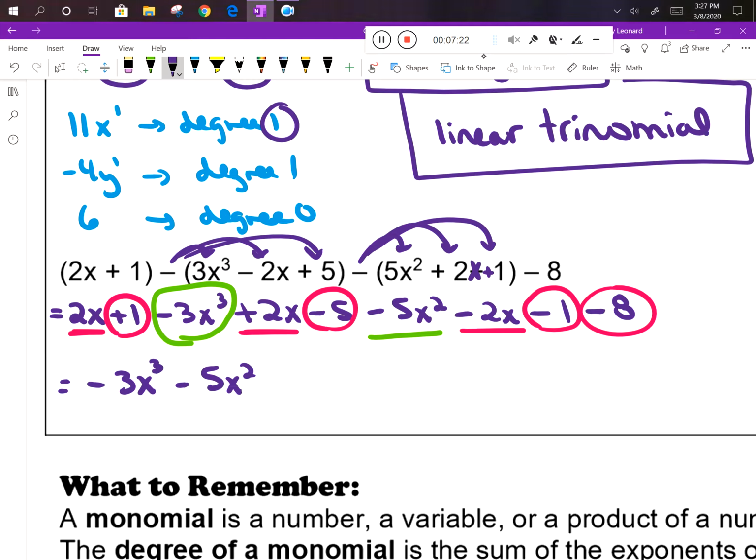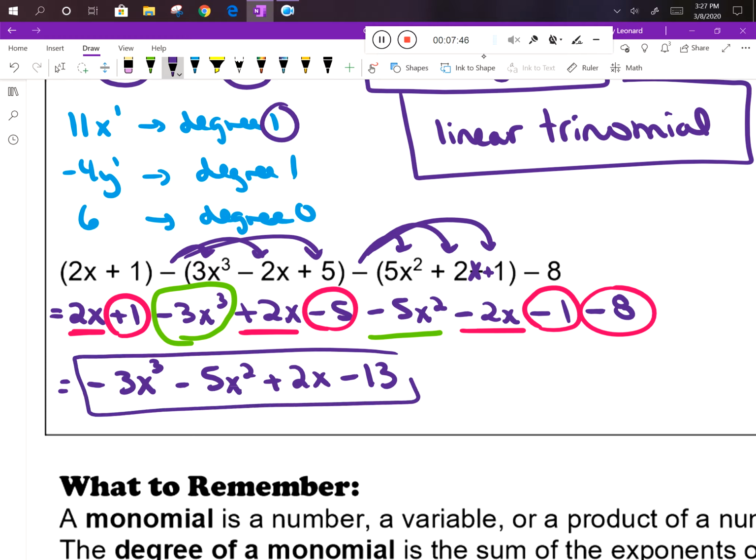But the next power is 1, and I see a 2x and a negative 2x. So 2 plus 2 is 4, minus 2 is 2. So we're going to have plus 2x when we combine those like terms. And then 1 minus 5 is negative 4, minus 1 is negative 5, minus 8 is negative 13.